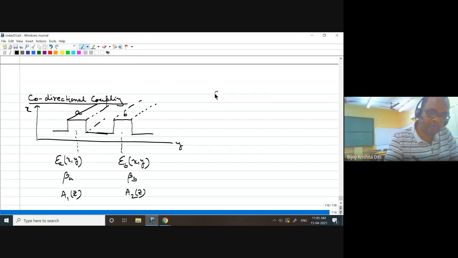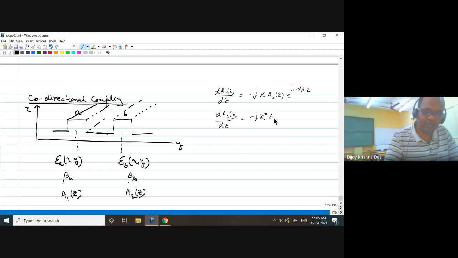Okay, so we have dA1(z)/dz equal to minus j kappa A2(z) e to the power j delta beta z, and dA2(z)/dz equal to minus j kappa star A1(z) e to the power minus j delta beta z.